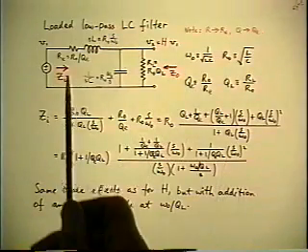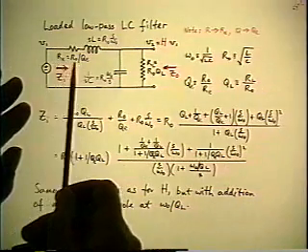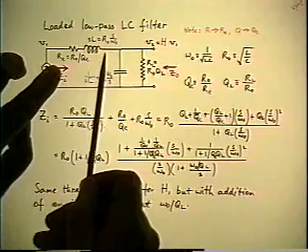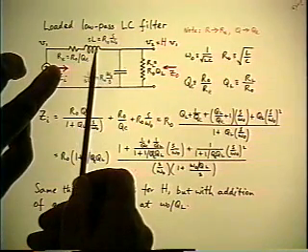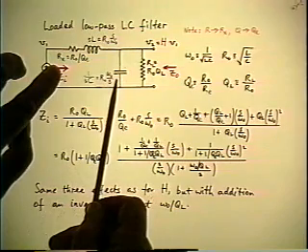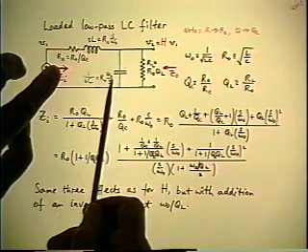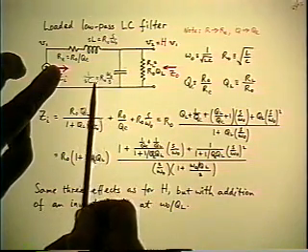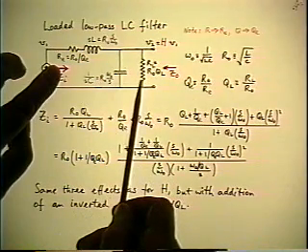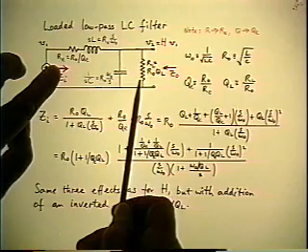Well, look back at the filter. Consider the input impedance evaluated at very low frequencies where the inductive reactance approaches 0, the capacitive reactance approaches infinity. Does it make any difference to that result whether or not the RL is there? And the answer is yes, it makes a big difference.